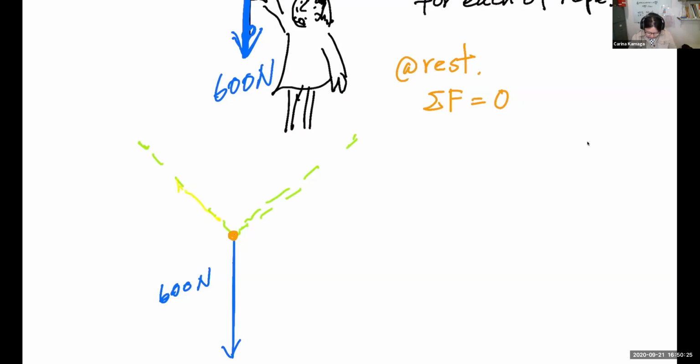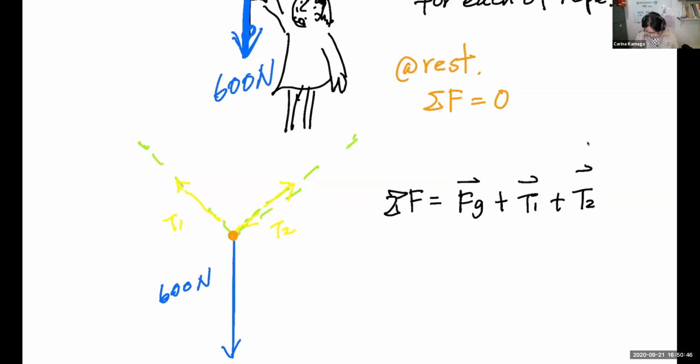Then we add this tension T1 and T2. So we know that the net force on her is equal to Fg, gravitational force, plus T1 plus T2, and this all should be equal to 0.